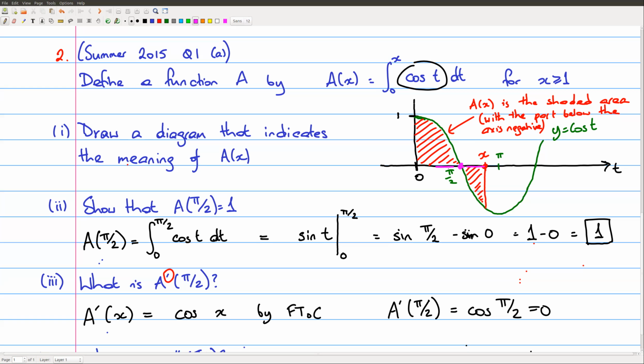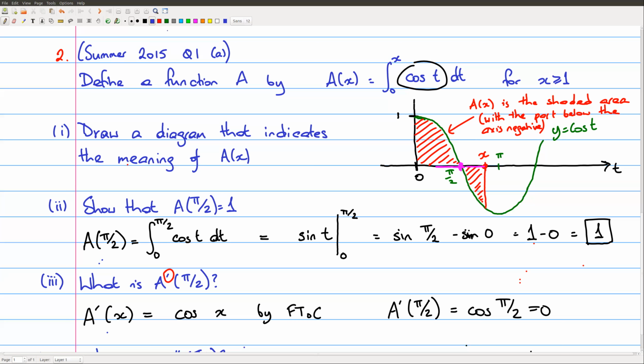At the precise instant when x is passing through pi over 2, no area is being accumulated, because at that instant there's no area enclosed between the graph of the function and the x-axis. The value there is 0. So from the picture itself, we can see why A dash of pi over 2 must be 0: as x passes through this zero of the function, there's no area being accumulated.